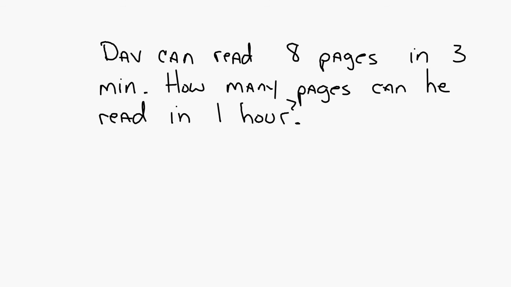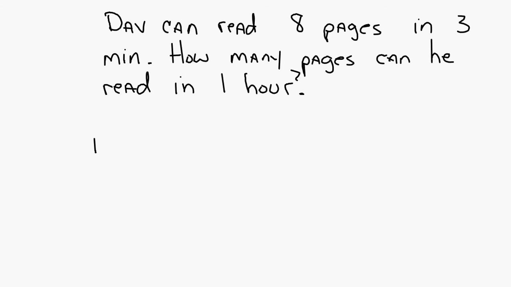So when this happens, you're going to set up a proportion. And your proportion will be pages over minutes. So you're going to write a proportion that demonstrates pages over minutes. So you start with the information that's given.